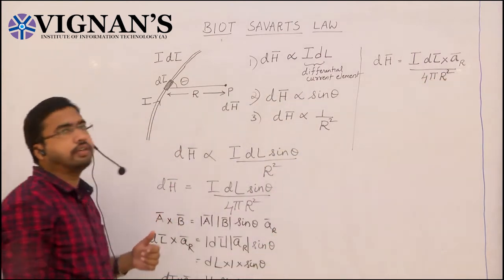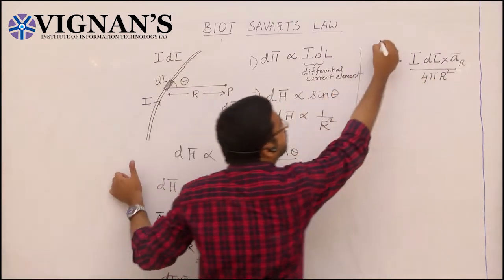So this shows the vector form of Biot-Savart's law.